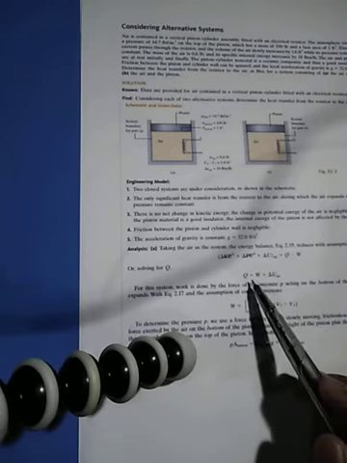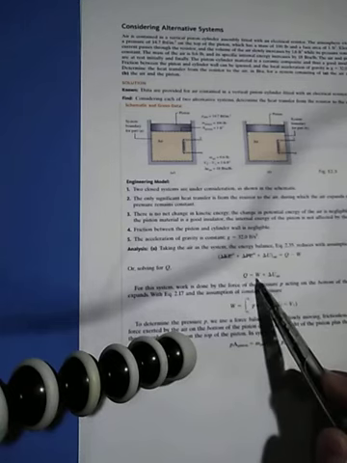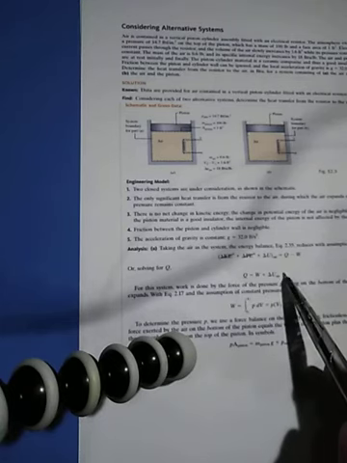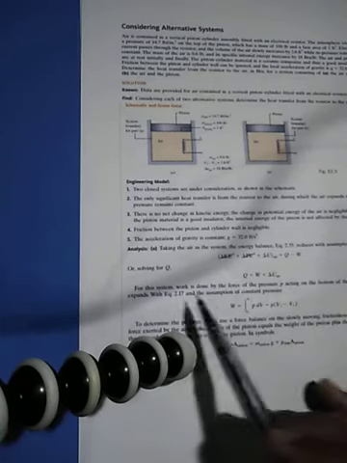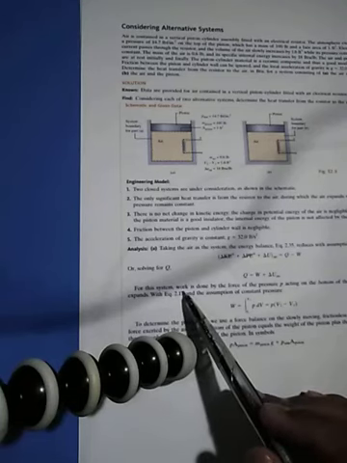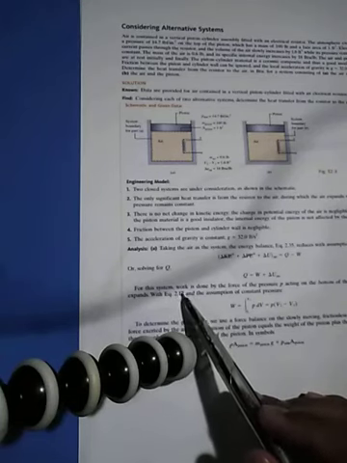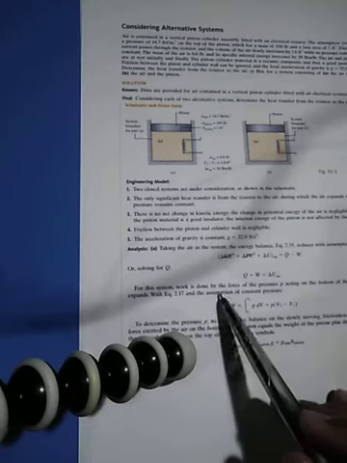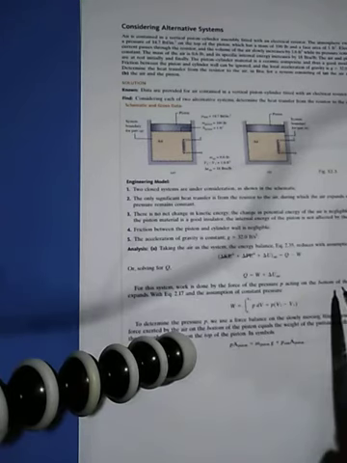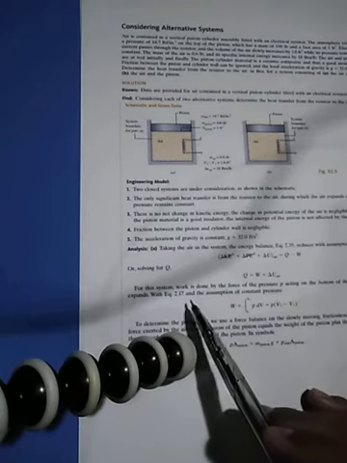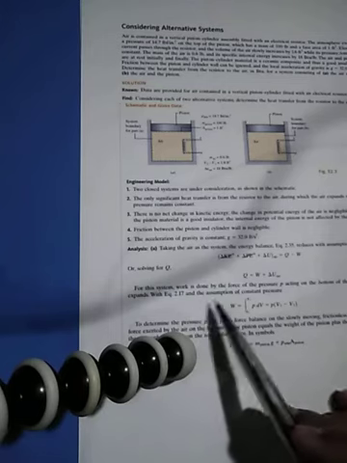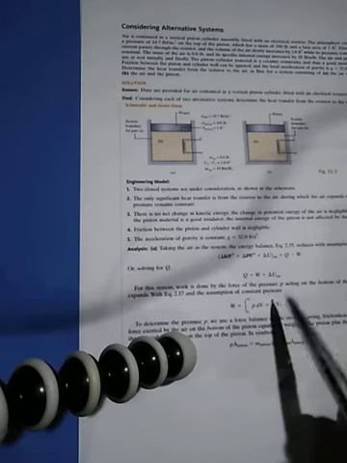So all in all, we have heat is equals to work plus change of internal energy of air. Okay, so for this system, work is done by the force of the pressure P acting on the bottom of the piston as the air expands, with equation 2.17 the assumption of constant pressure, no.